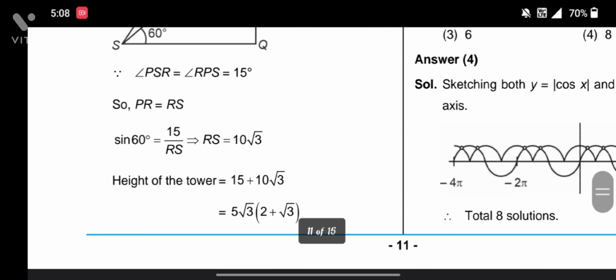So it is 5√3(2 + √3). Okay, now if we see the options, option 3 is the correct answer for question number 1.